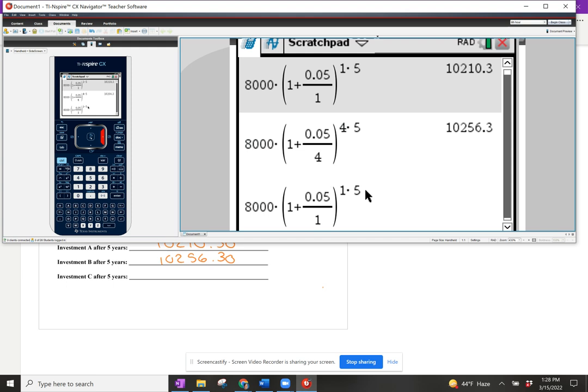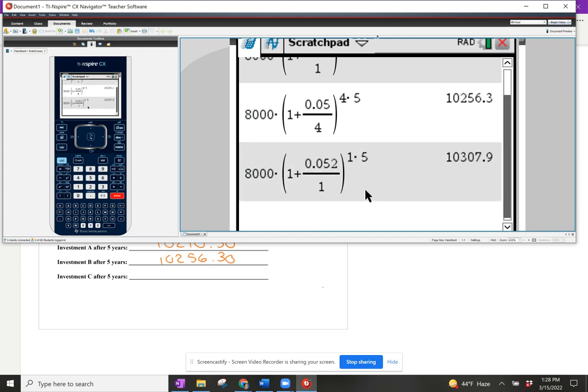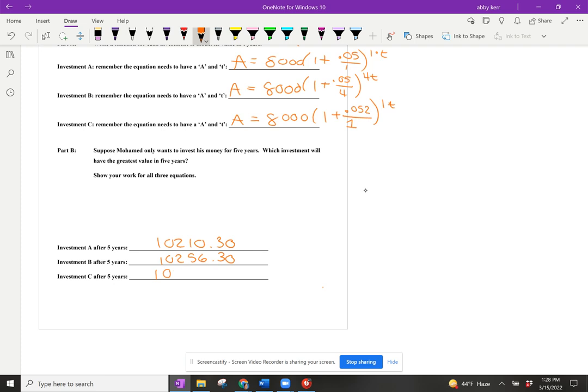So it's 0.052. So then this gets us $10,307.90. So which investment will give us the greatest in 5 years? Investment C will give us the most.